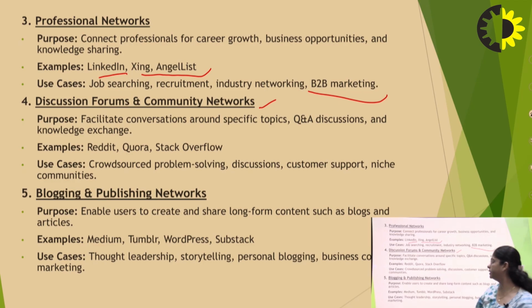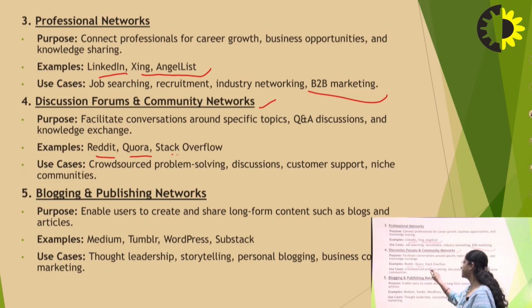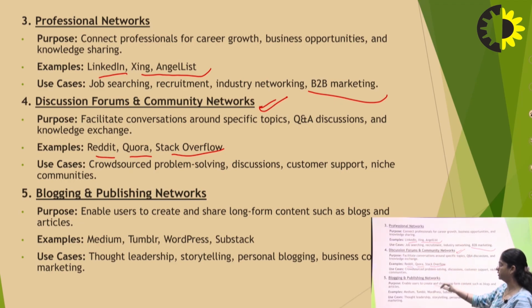For example, Reddit, Quora, Stack Overflow, etc. Like Quora, you have seen, if you open Quora, different people who are registered on Quora share their opinion or feedback on a particular topic. So these are the discussion forums and communities. This is also a type of social media network.